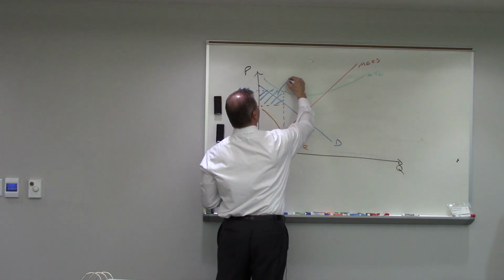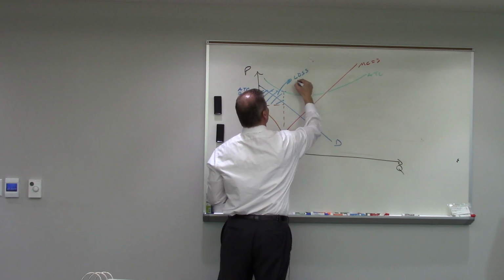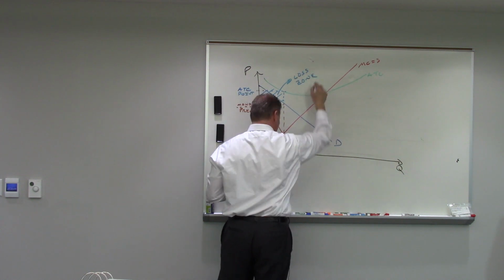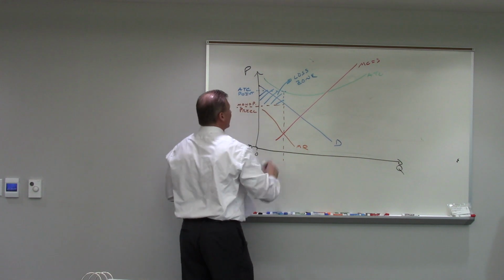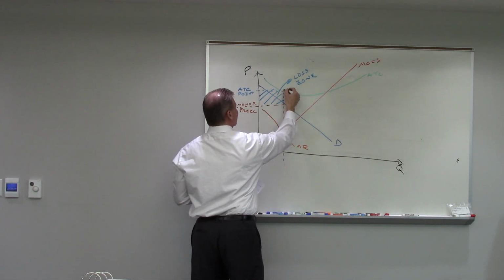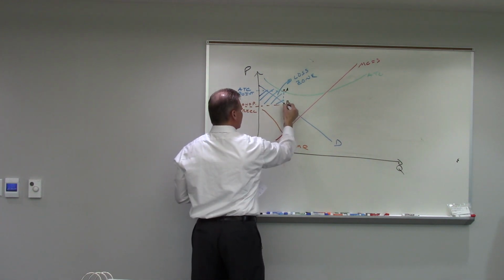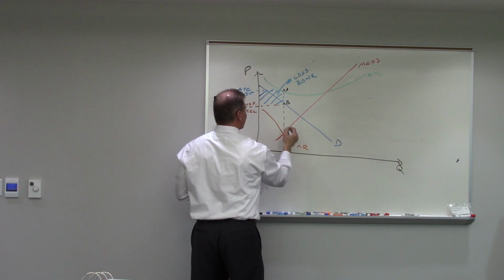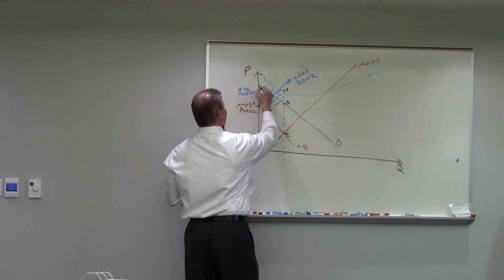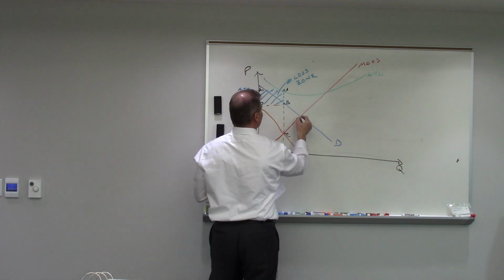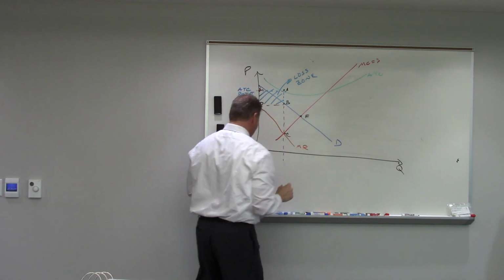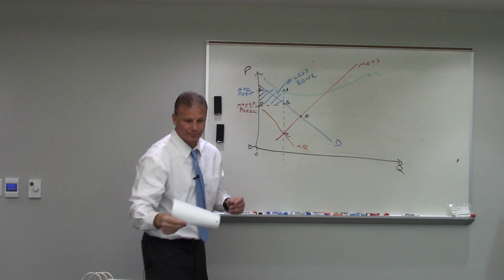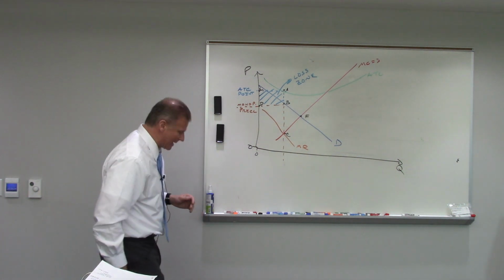We'll put some points on here in a minute. And we'll call this A, B, C, D, E, F, just for the heck of it. So let's talk about what's happening here.